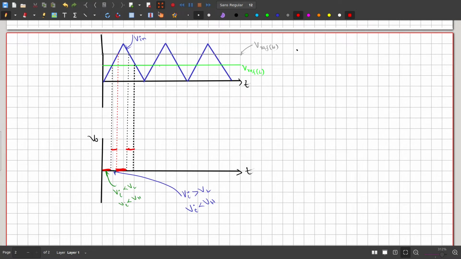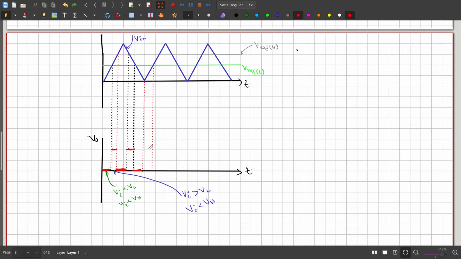And here, and here. Here, in this region, the input voltage is less than both VH and VL. Therefore, it is logic low.